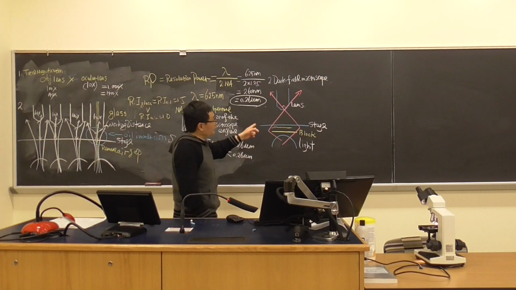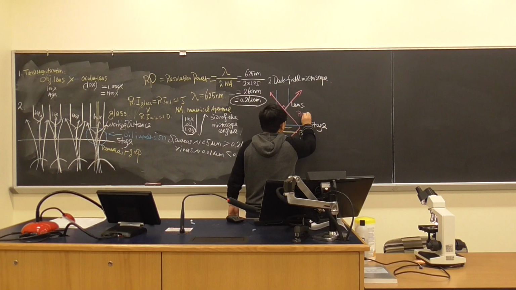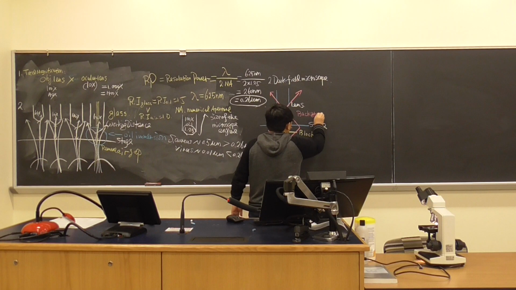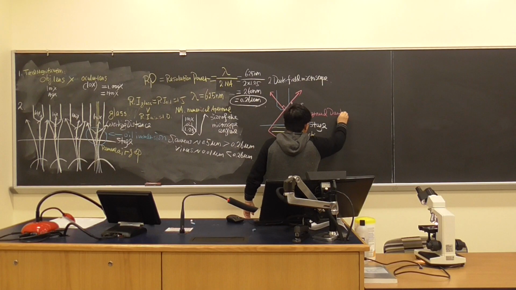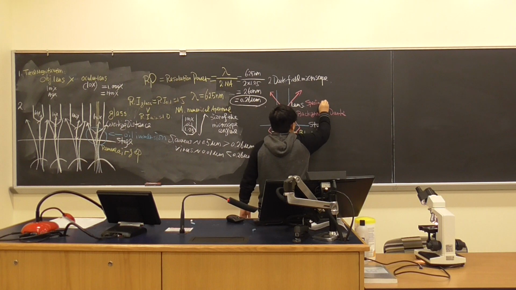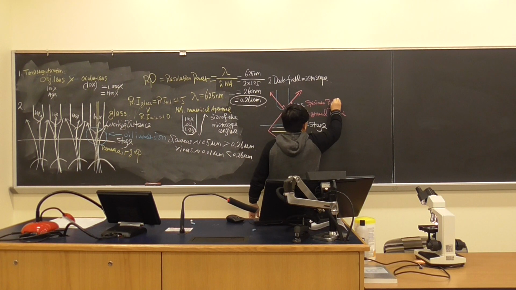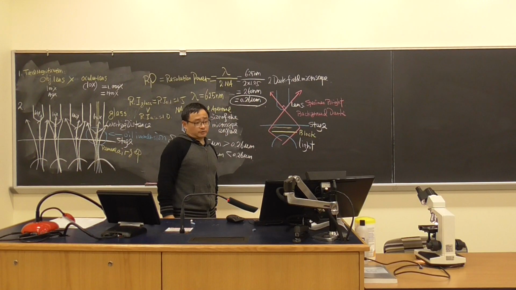So what happens with the dark field microscope? The background is dark, and your specimen, which means your sample, is bright. Why is this important?